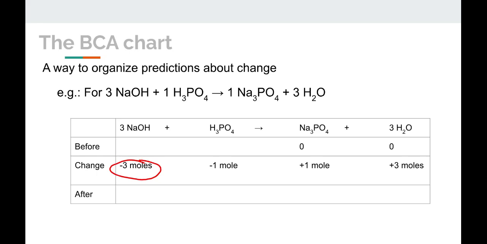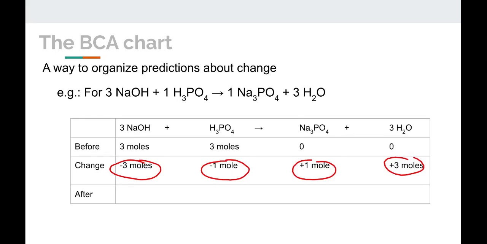It's a reactant, so that's negative. Minus 1 for phosphoric acid because that's losing. But we have a positive 1 for Na3PO4, because the coefficient is 1 and it's a product, so it's going to be gaining moles, and positive 3 for water. So the negatives are for loss of reactants, the positives are for gain of products.